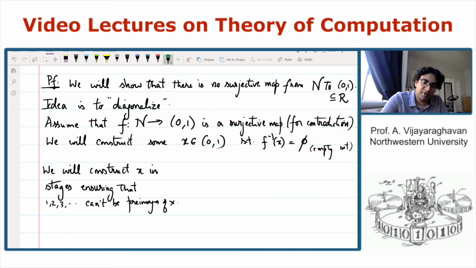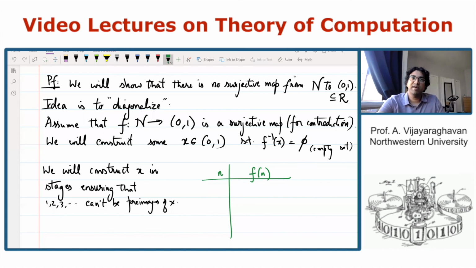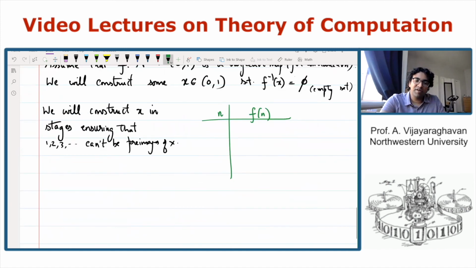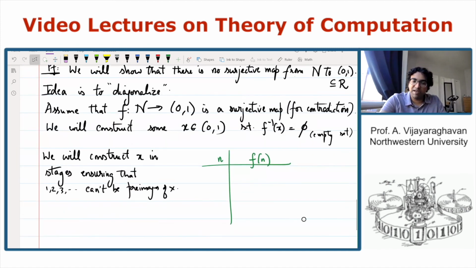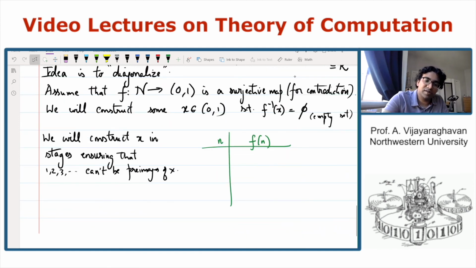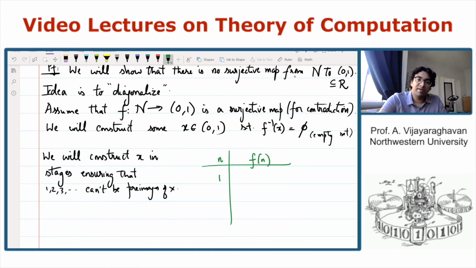Let's draw a table which will indicate this idea more clearly. Let's look at an example. Maybe we have n, and then this surjective map f of n, and let's look at the values that it maps to. For instance, 1 is mapped to, let's say, 0.3451, and so on.